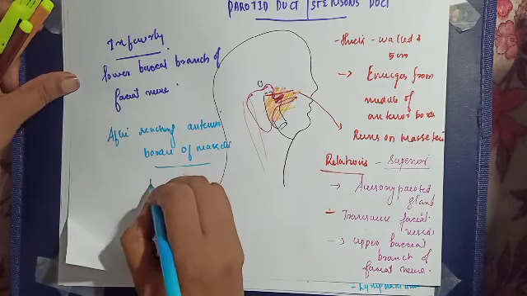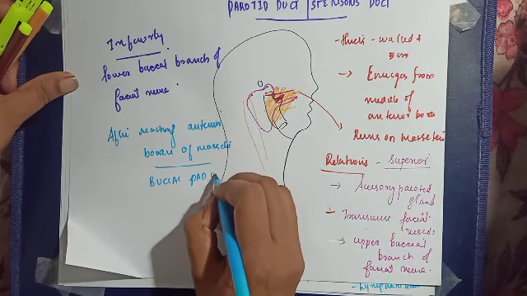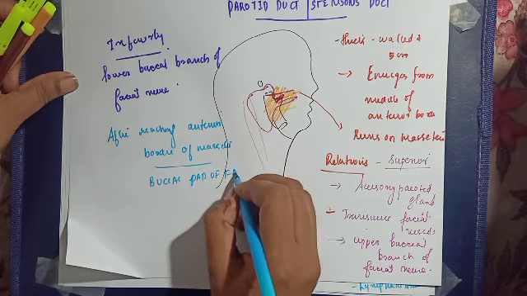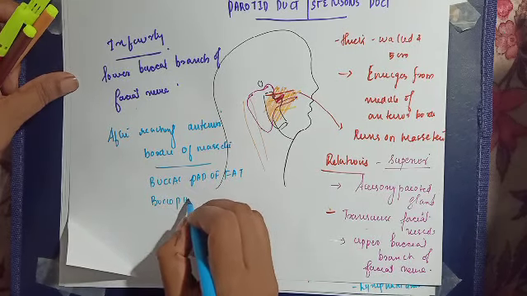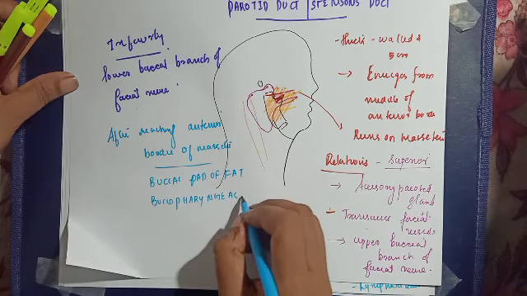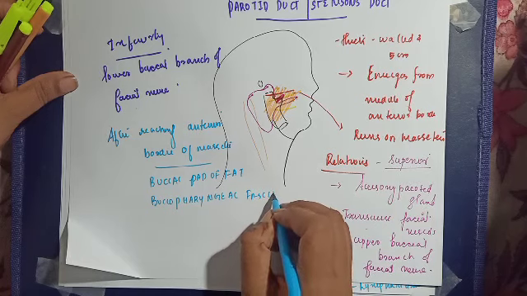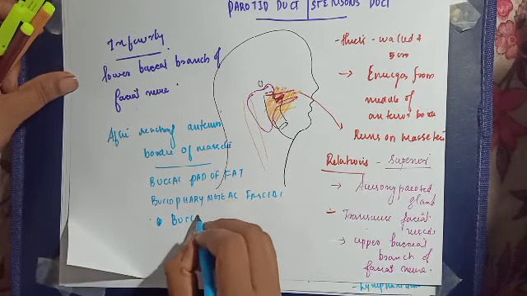These structures are the buccal pad of fat, the buccopharyngeal fascia, and also the buccinator muscle obliquely.